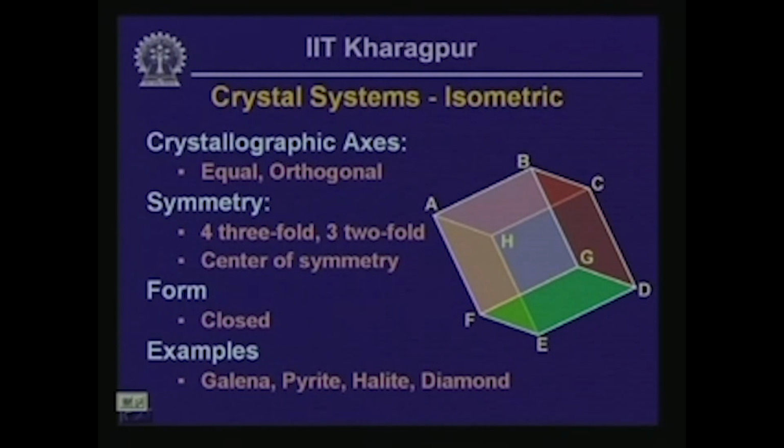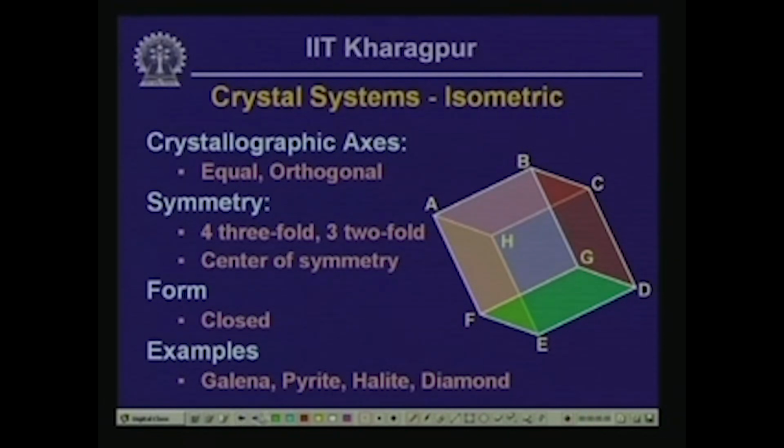So, what we have here, the 3-fold symmetries are essentially this one. We have got AD, this is one of the solid diagonals, then we have got BE, another solid diagonal, and also the third solid diagonal we are going to have is CF.